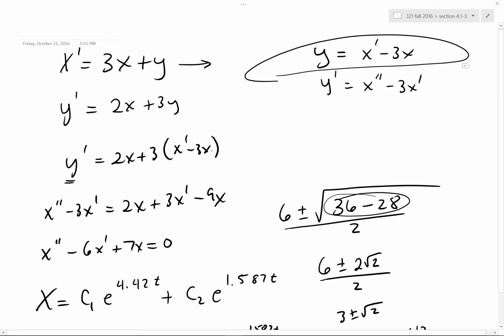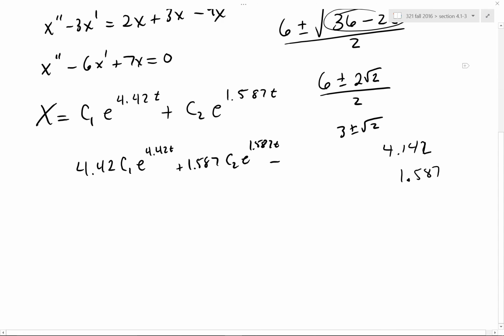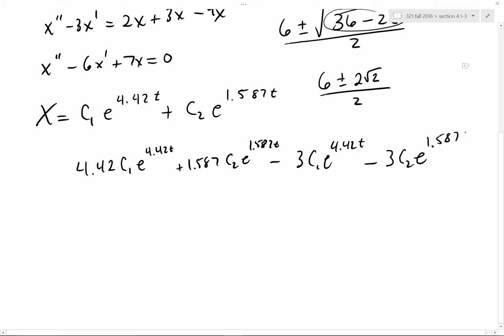Minus, and then it says minus 3 times x. Well, what is 3x? Well, 3x would be 3c1 e to the 0.42 t minus, because I'm subtracting the whole thing, 3c2 e to the 1.587 t.